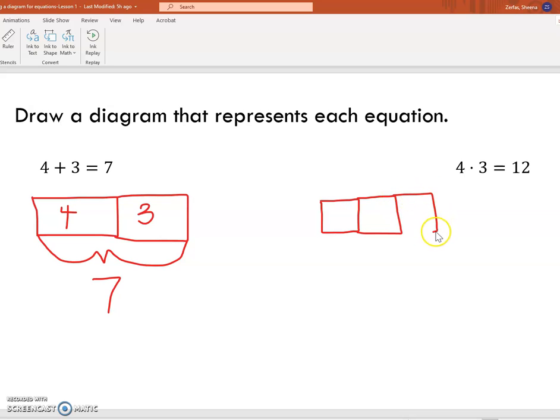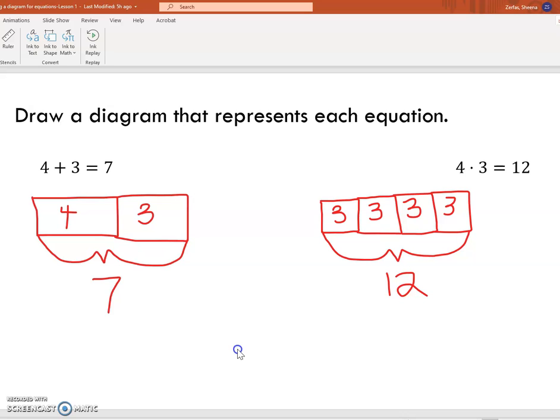So I draw in 4, and then the value of each of those boxes is 3. I have 4 groups of 3. And likewise, just like I did with the addition one, to show the total of that, I am going to bracket that together, representing that the total there is 12.